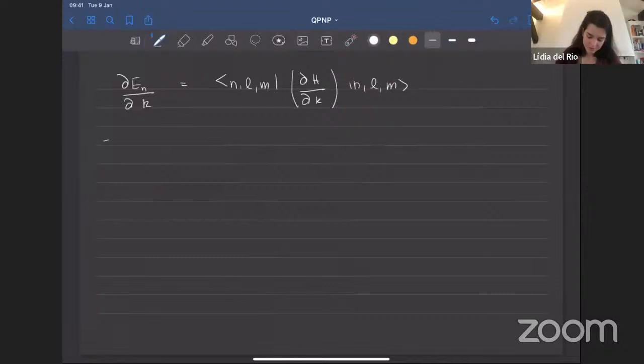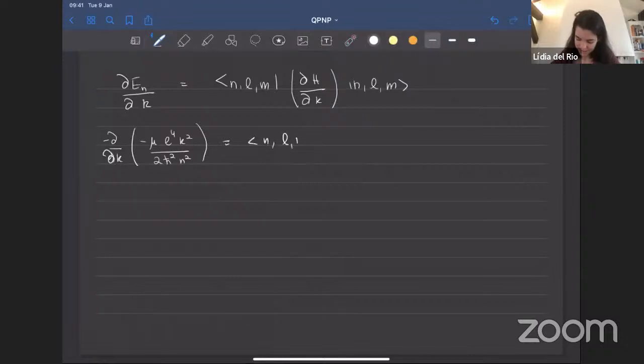So on the left, we have the derivative of something easy, which was this, minus mu e^4 k squared over 2 h bar squared n squared. And on the right, well, it turns out this derivative is also very easy.